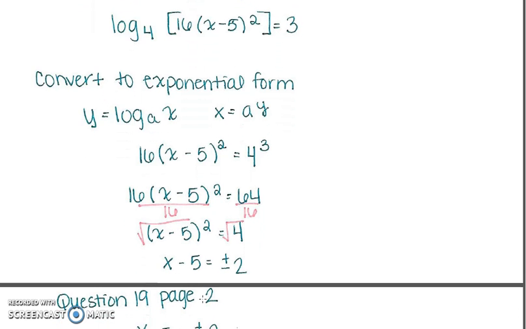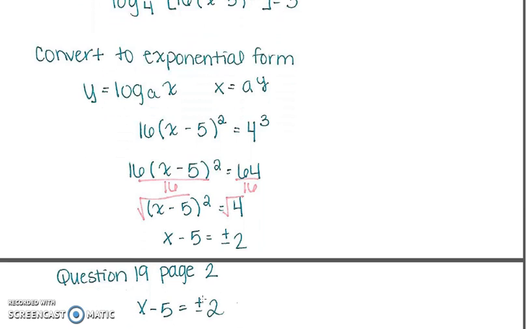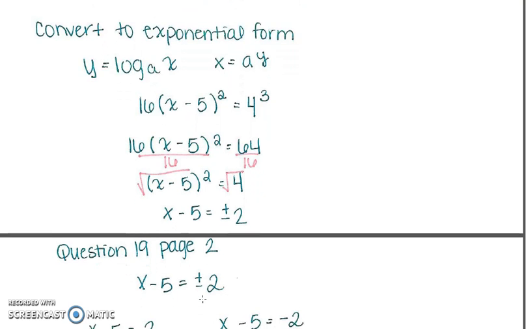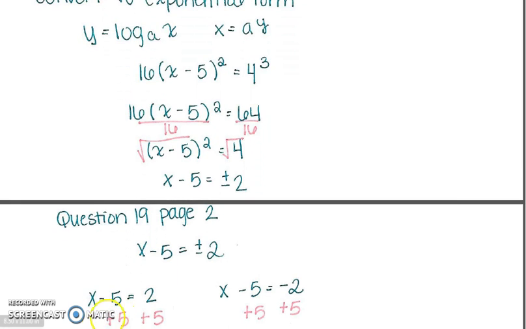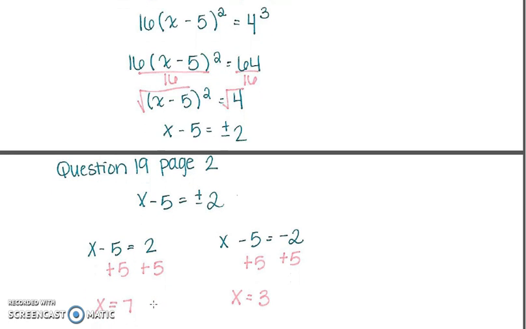So now we set x minus 5 equal to both plus 2 and minus 2. If x minus 5 equals 2, we add 5 to both sides and end up with x equals 7. On this side, x minus 5 equals negative 2.